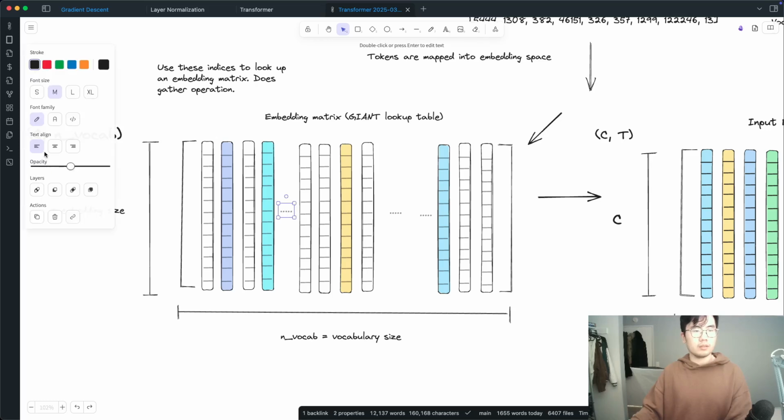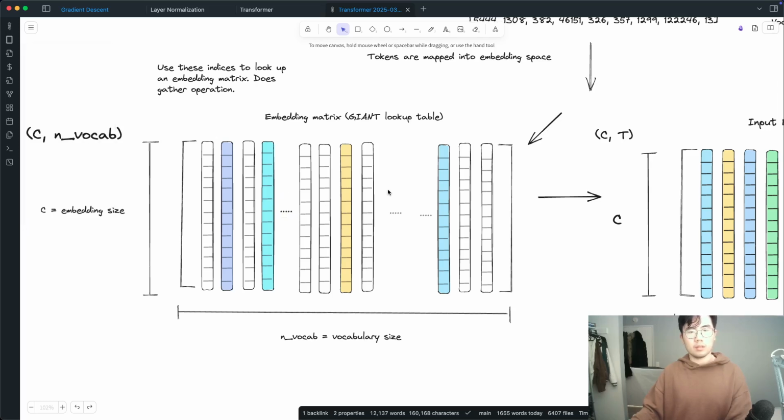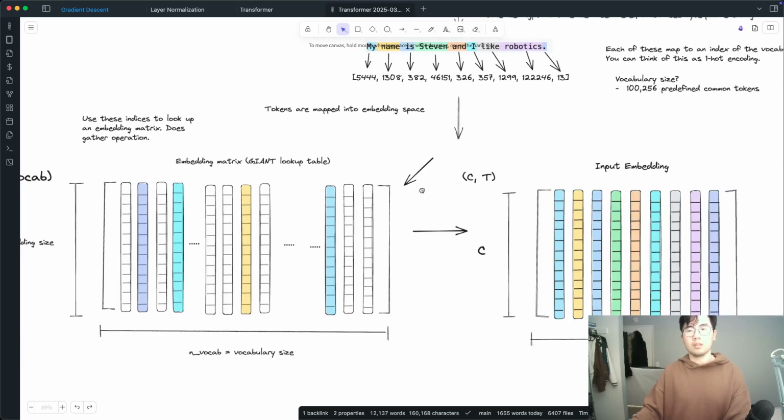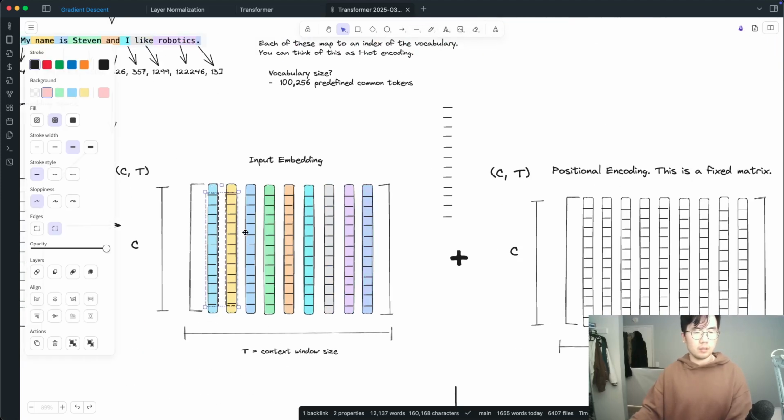Now this, set it to 50% opacity and you're good.